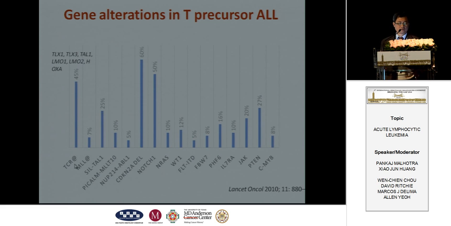Other alterations such as 10;11 translocation, episomal fusion between NUP214 and ABL1, and also cyclin-dependent kinase inhibitor deletion are very common in T precursor ALL as well as in B precursor ALL.